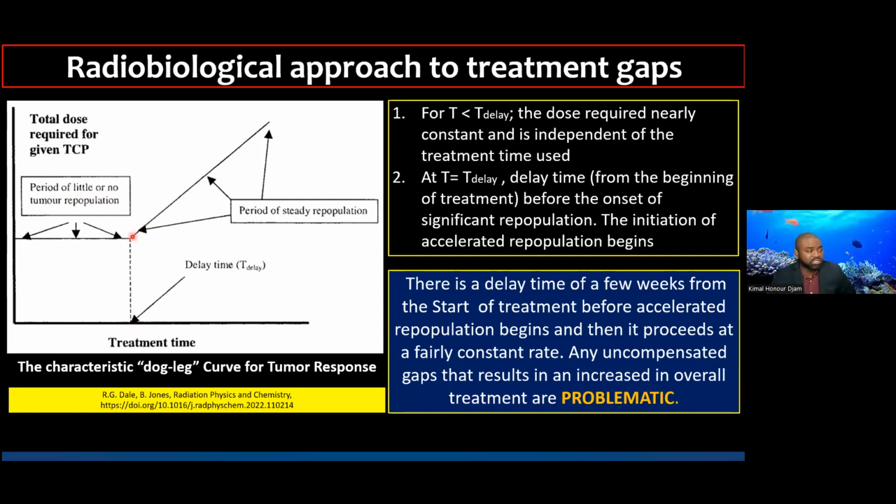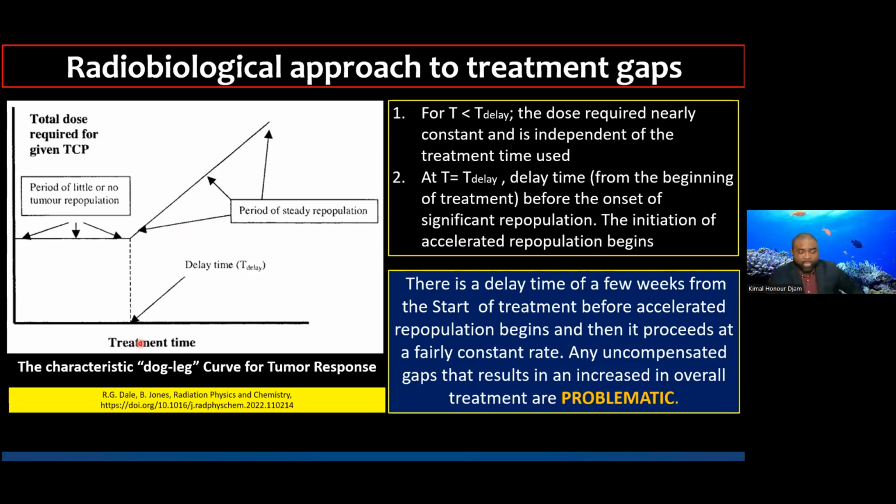Now, the slope of this graph, defined by a constant called K, is totally tumor dependent. Now, for any treatment time greater than T delay, the isoeffect dose must be increased to compensate for the subsequent tumor repopulation if we are to keep the effectiveness of our prescribed dose.